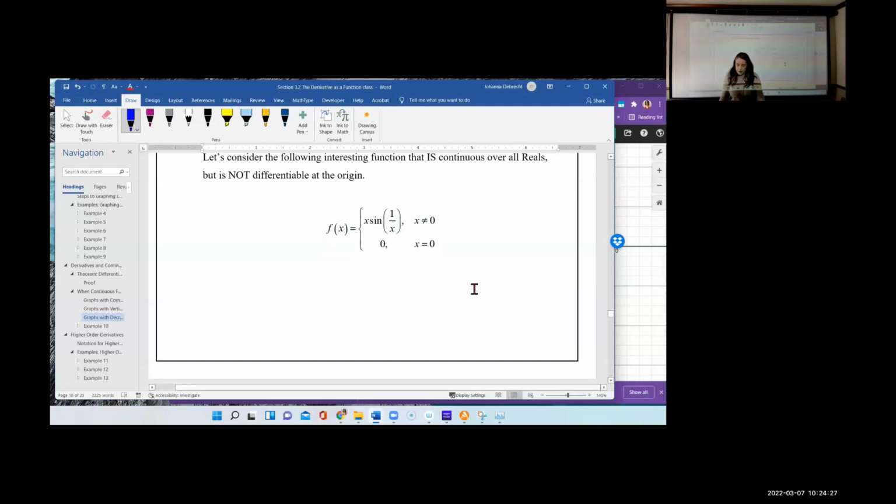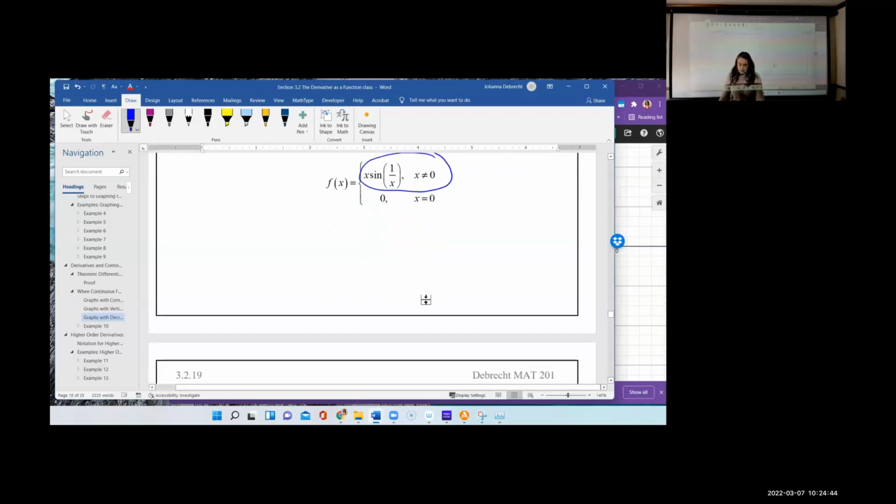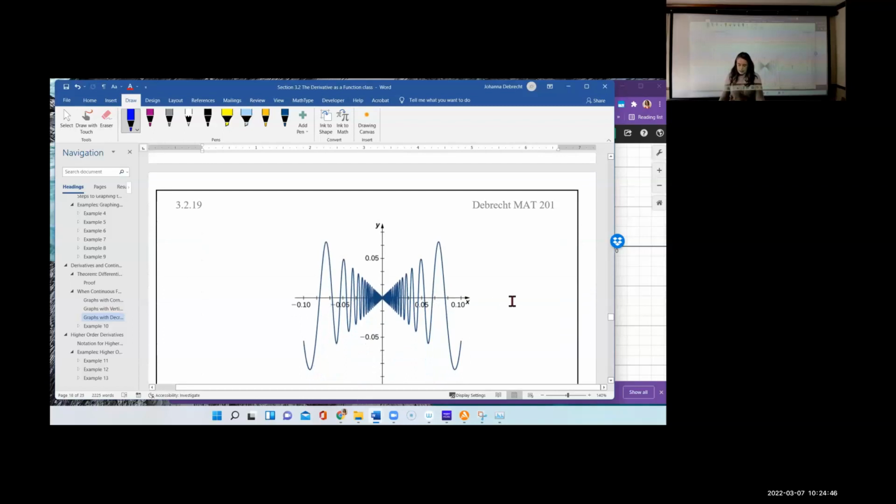All right. Remember, the limit from the left and the limit from the right are both going to be determined by this function because that's what it is except at 0. So you're going to be using that function for the limit from the left and the limit from the right, and it oscillates so rapidly that it doesn't exist.